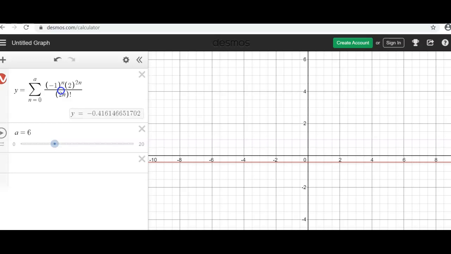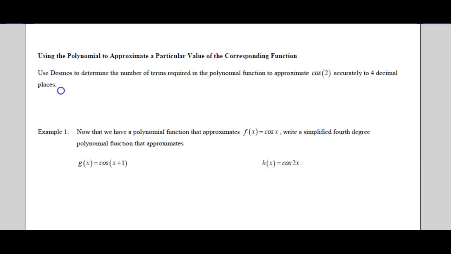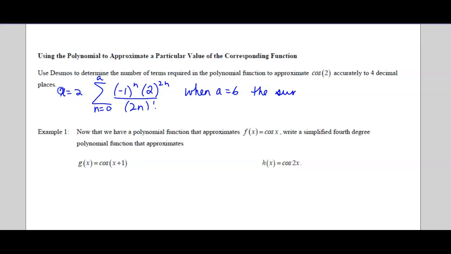Looking back at our notebook file, the number of terms was a equals 6. Remember, we've got x equals 2, n equals 0 to a, of (-1) to the n, 2 to the 2n, over 2n factorial. When a equals 6, the sum is -0.4161.